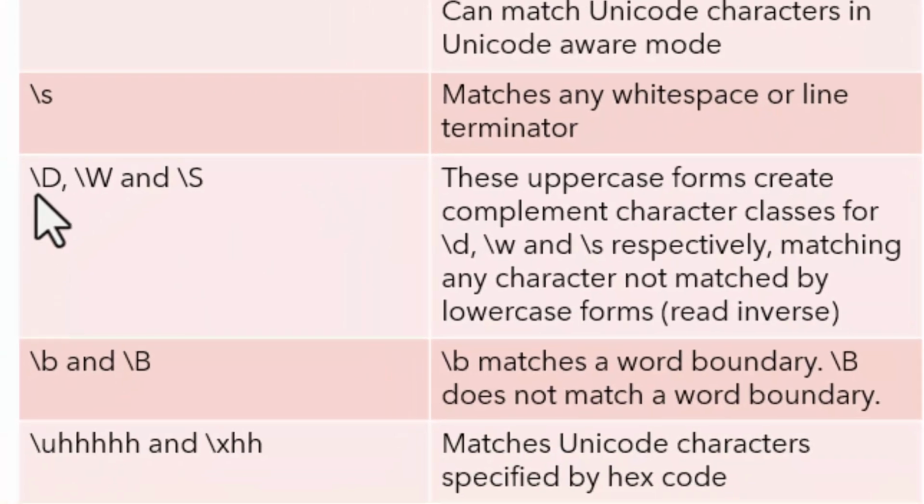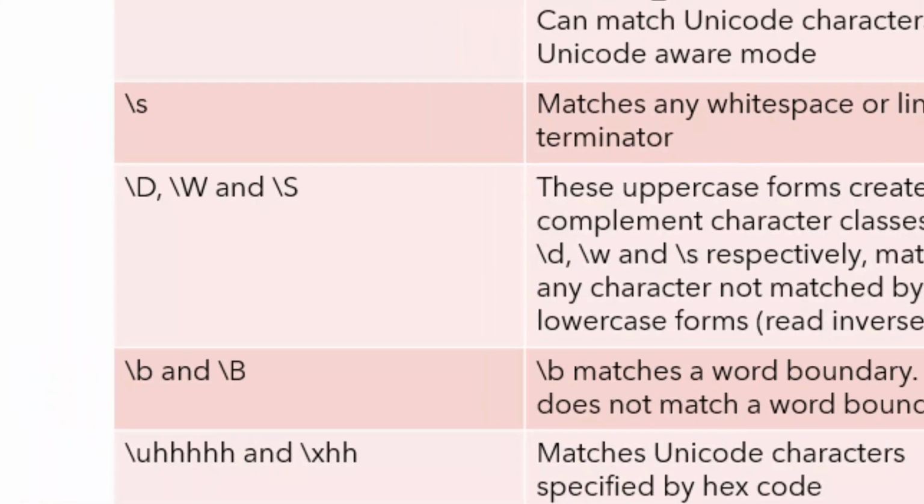So next up, we have backslash capital D, capital W, and capital S, which are interesting as they match anything but their small case counterparts. So let's say you want to match a character that is supposed to be literally anything but a number, you would use backslash uppercase D. Same goes for backslash uppercase W and uppercase S. So let's do a quick example.